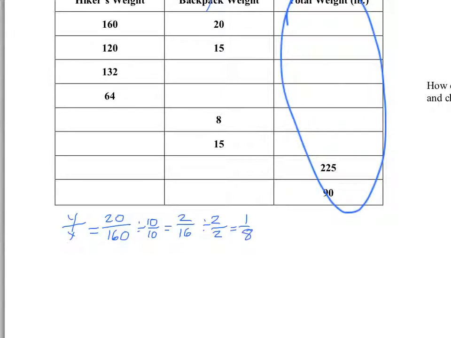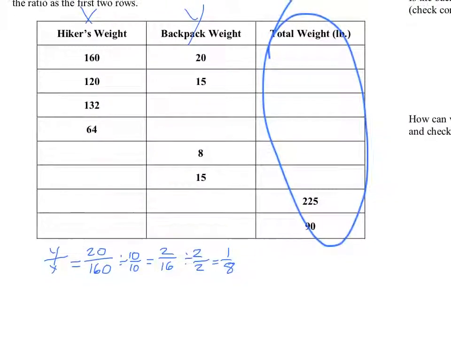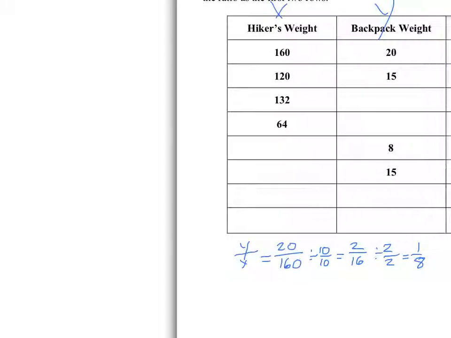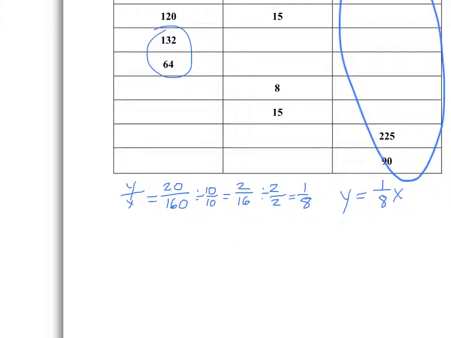So the equation that I can use for the relationship between the hiker's weight and their backpack weight is that y, the backpack weight, is equal to 1/8 of the hiker's weight, x. So for now, I can ignore the totals column, and I can at least find out the information here. I've got a couple of x values to plug in here, so I'll go ahead and set equations up for those.